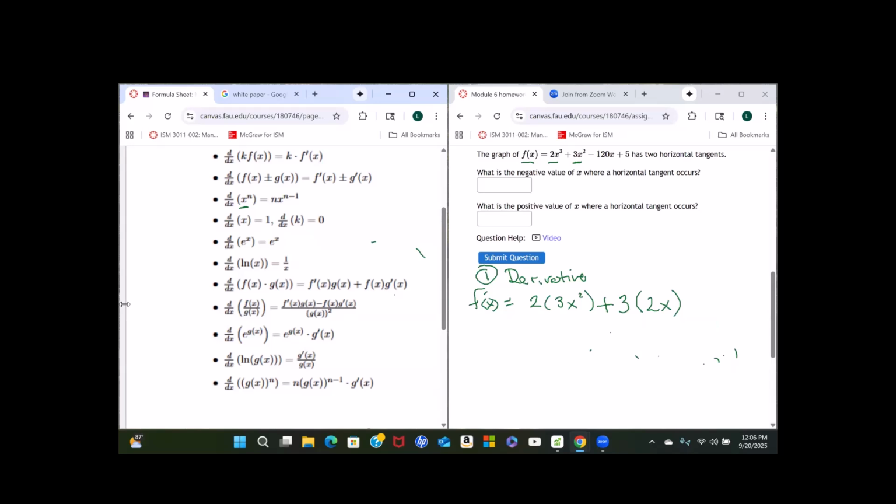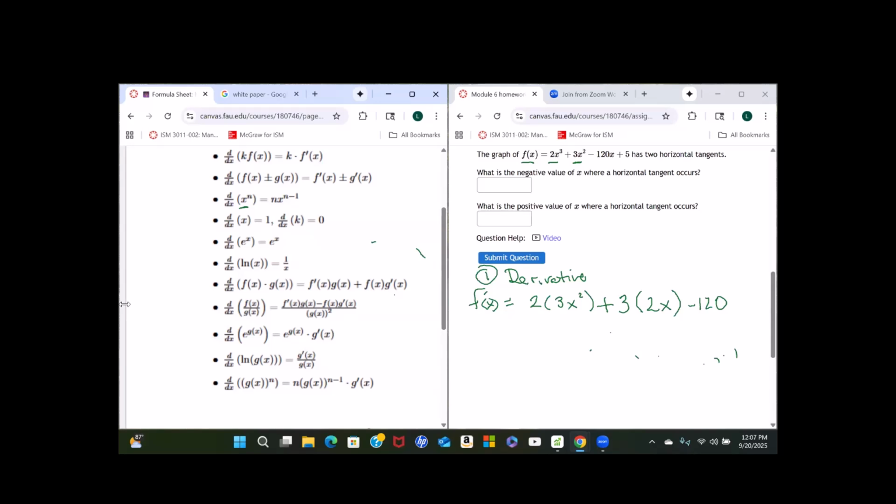See, do you see how important it is for you to struggle through it a second? Once you struggle once or twice, it'll start coming quicker and quicker. Don't worry. And then it's subtract, the same thing, 120 times the derivative of x, which is 1.